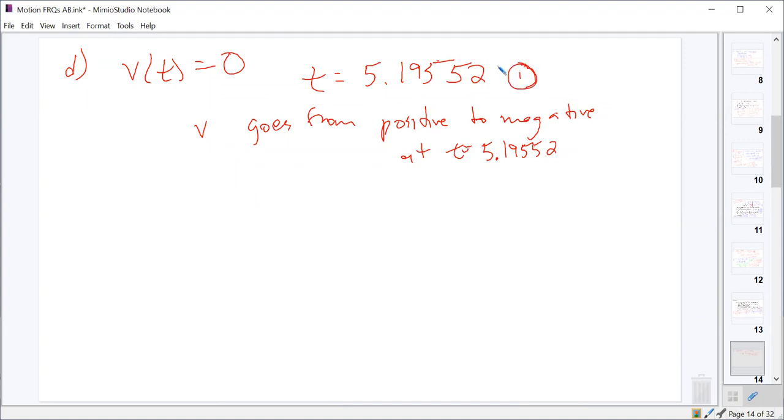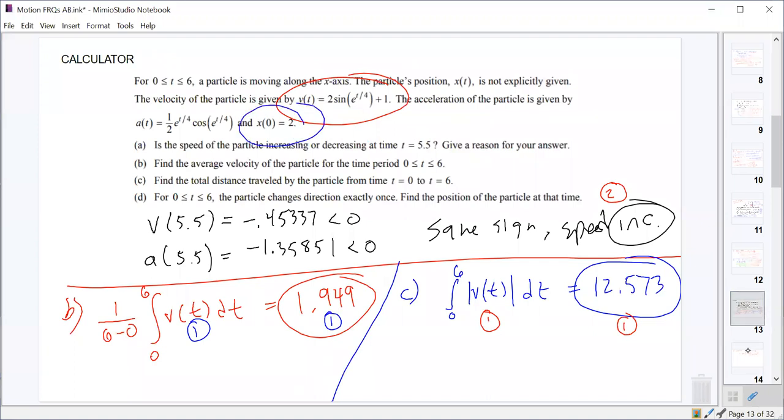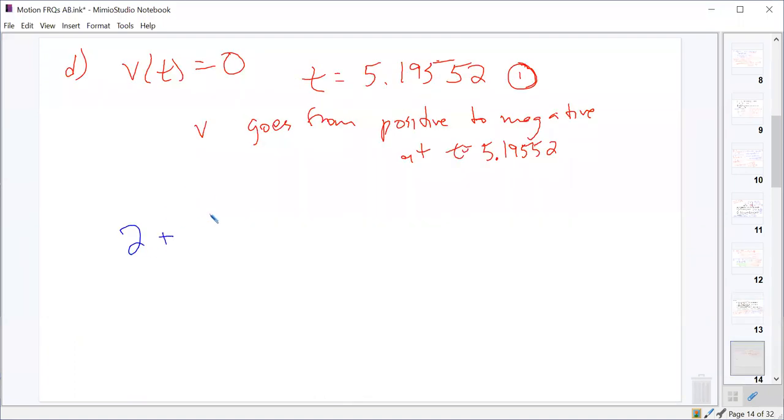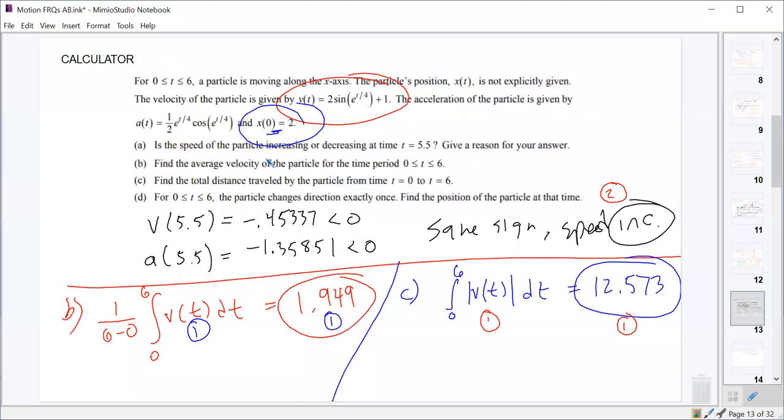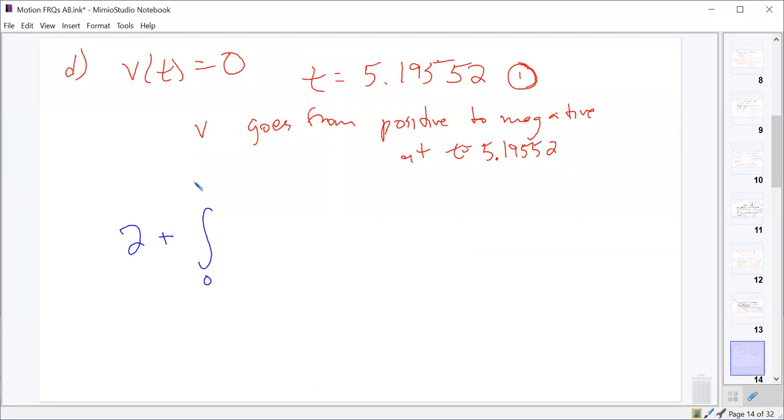And then they want to know what is the position of the particle at that time. So the position ought to be whatever initial position you know, which is 2, plus the integral from the time period in which you know that initial position, 0, to the value that you're looking for, the value of 5.19552, of just your velocity function.